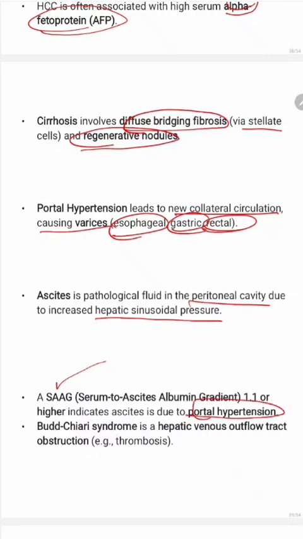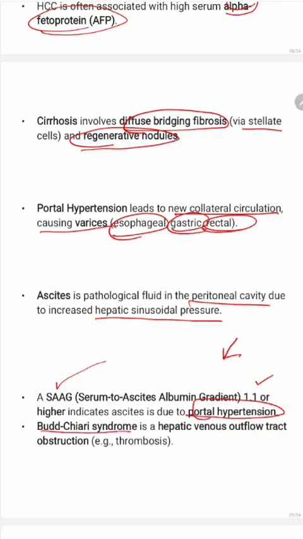We measure the albumin concentration of the serum and the albumin concentration of the ascitic fluid, then find the difference, and if it is 1.1 or greater, this indicates a problem of portal hypertension. If it is less, then there are other causes.